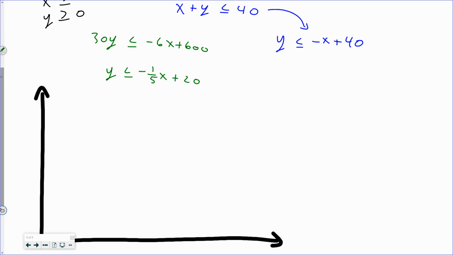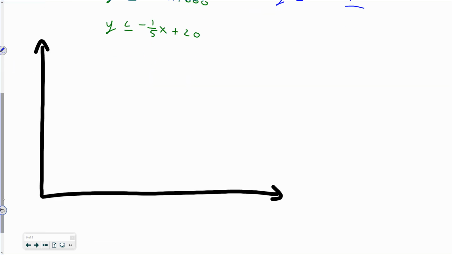and go from there. So I'll do the blue one first because that one's a little easier. For the blue one, my y-intercept is 40. And let's do both. Y-intercept is 40, and so is the x-intercept.